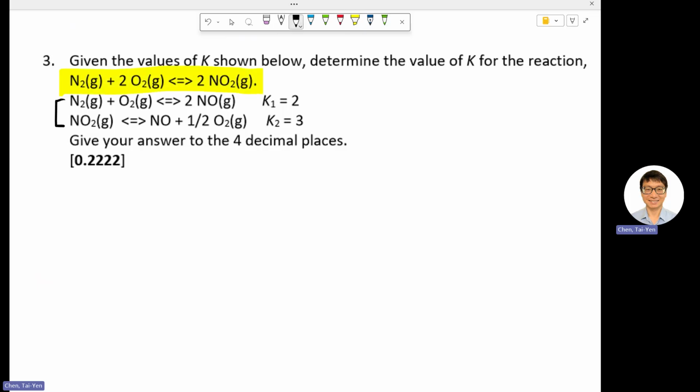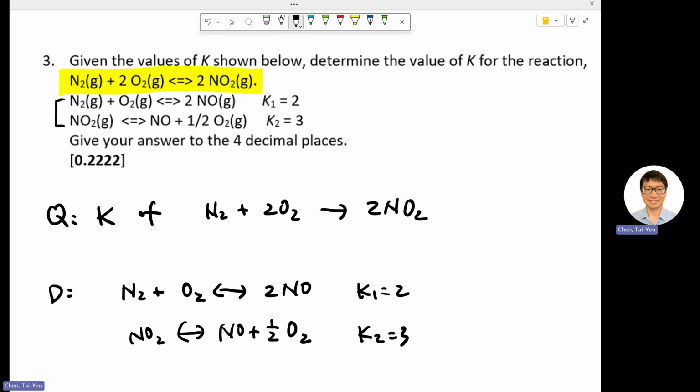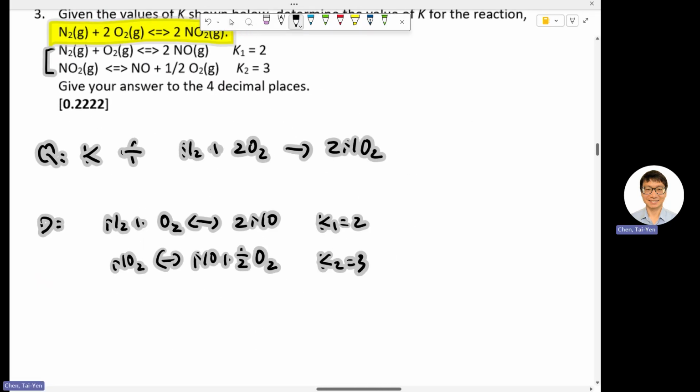It gives you two other equations that have different equilibrium constants. Again, the question is trying to calculate the K of N2 plus 2O2 giving 2NO2. The data that you have is N2 plus O2 giving 2NO, and NO2 becoming NO plus half of O2, where you have K1 equal to 2, K2 equal to 3. Okay, so this is the things that you have from this question.